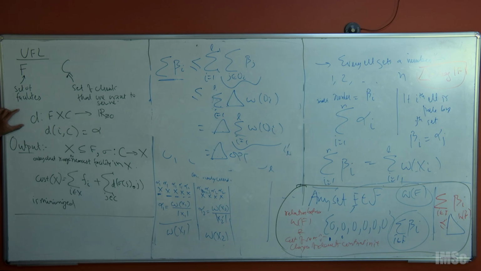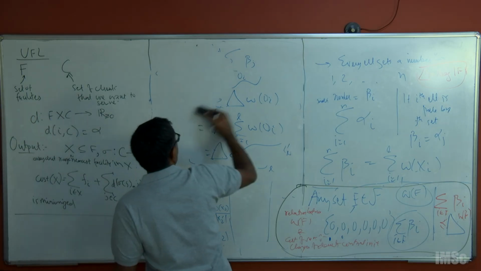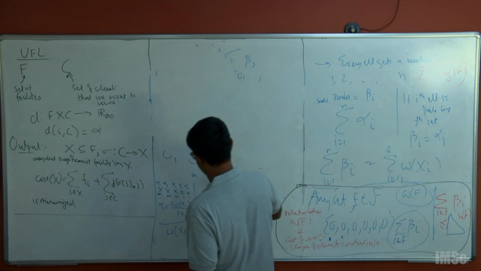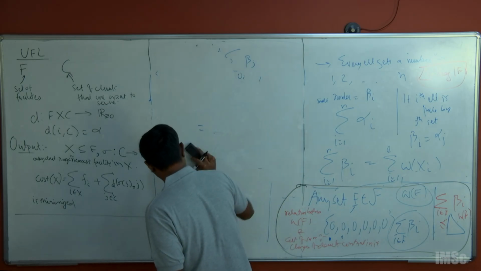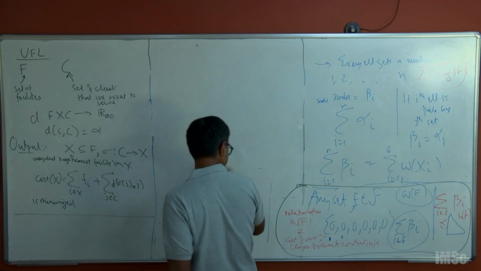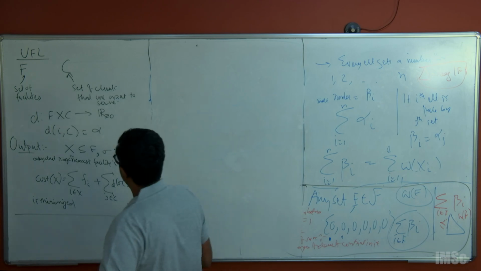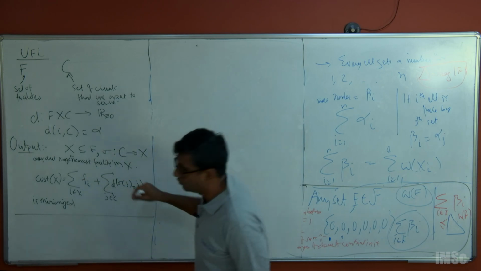And at this point of time I am not assuming anything about d. So a priori it does not look like a set cover problem at all, but there are sets and there is covering. There is something which I am going to cover.